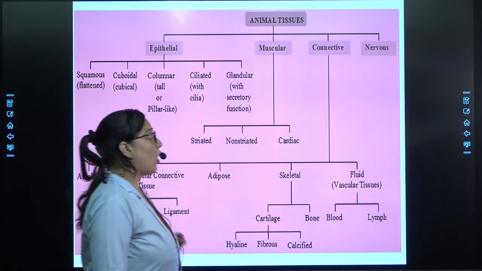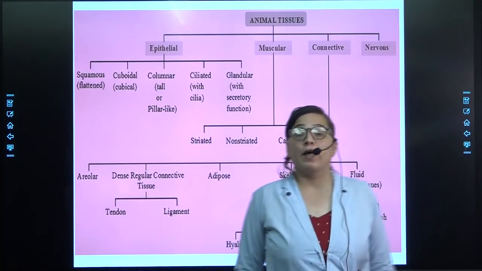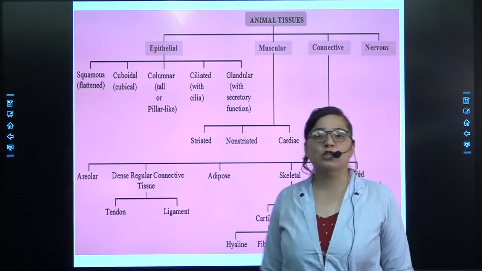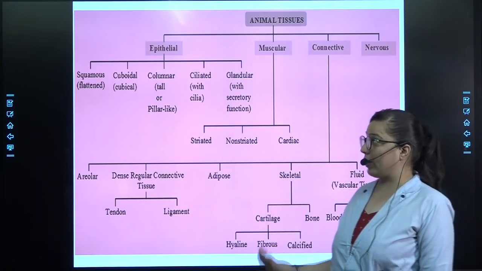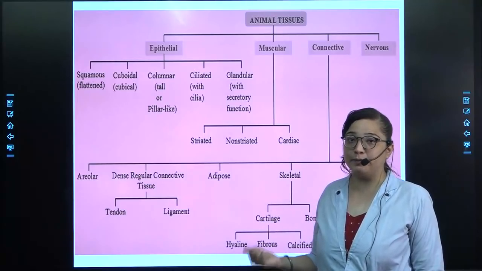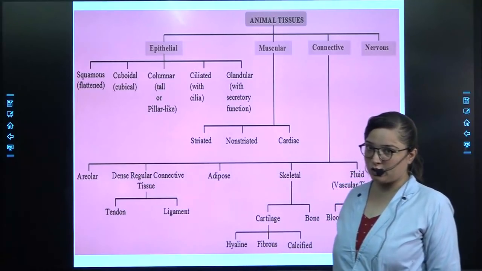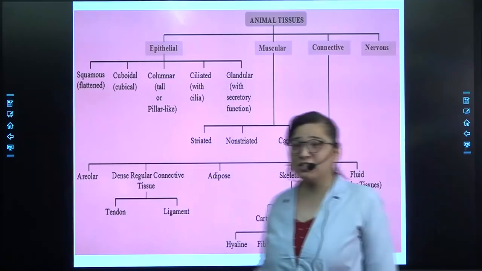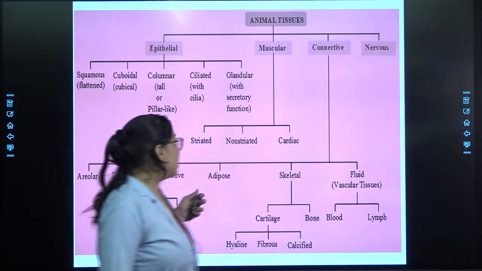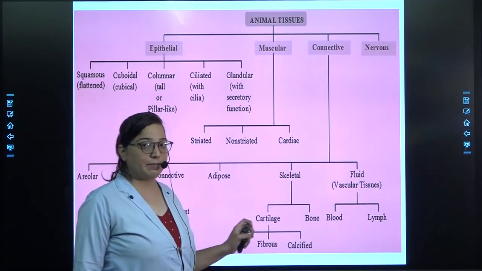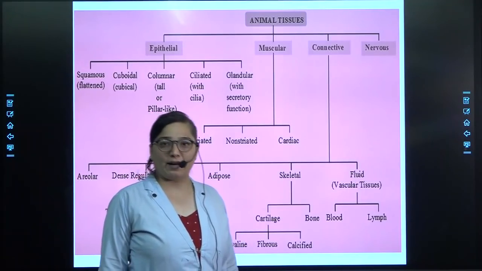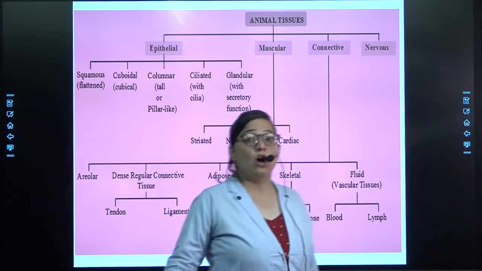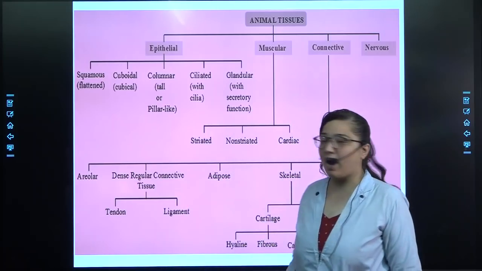tissue. If we talk about all the 4 types, then epithelial tissue is further classified into 5 types, that is squamous, cuboidal, columnar, ciliated and glandular. Muscular animal tissue is further bifurcated into 3 types, that is striated, non-striated and cardiac.